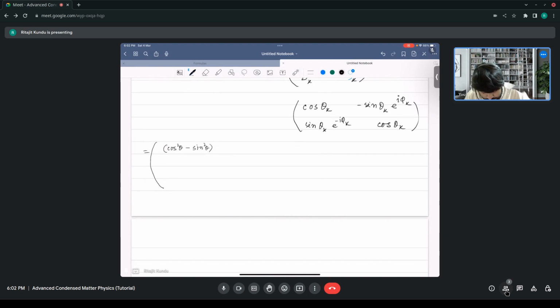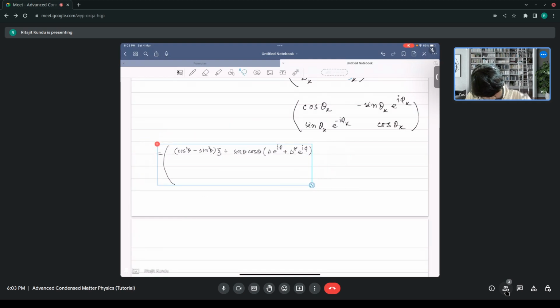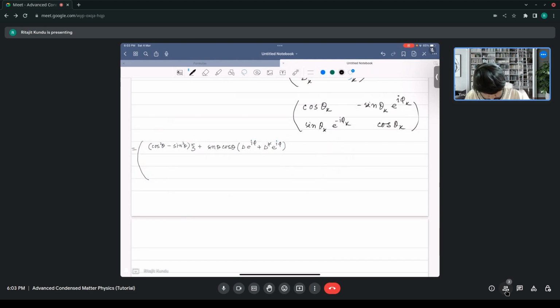And now let's look at the form of these multiplied matrices. All right. And I have, similarly, this is the Hermitian conjugate of this one, and then I have a similar kind of term here as well.